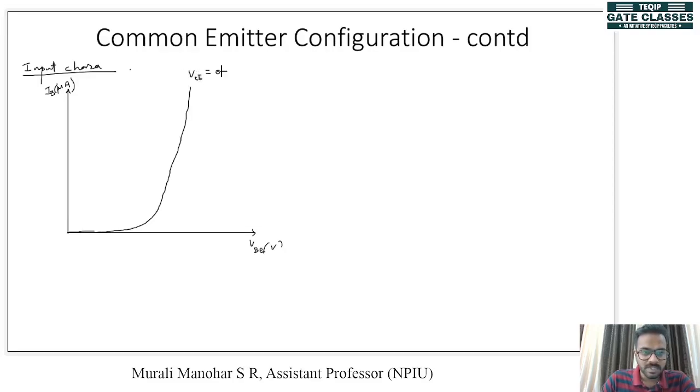So let's say this is VCE equal to 0 volt. Now if we increase VCE, what happens? IB reduces. So this is for VCE2, which is greater than VCE1. If we increase VCE, IB decreases. And what is the reason?